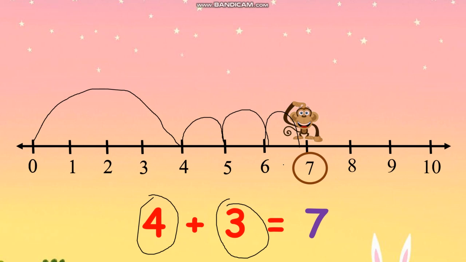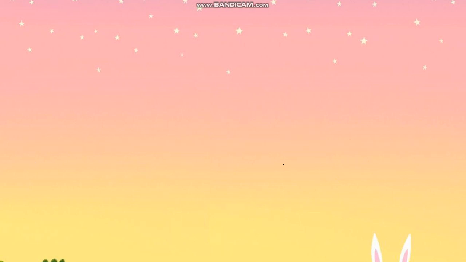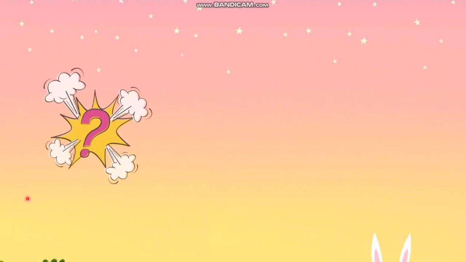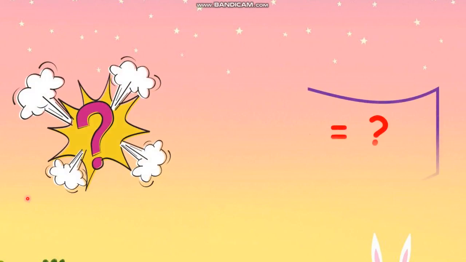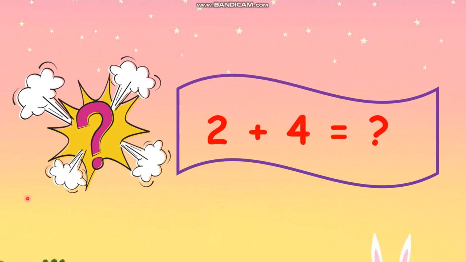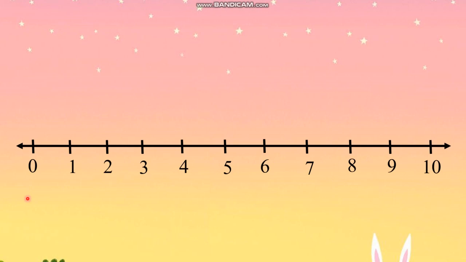Let us see one more example. Just a moment, children. Okay, so the question is 2 plus 4 equal to question mark. So we have to add two numbers, that is 2 plus 4. Okay. So here is our number line.